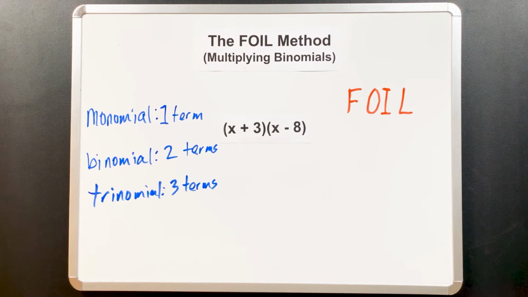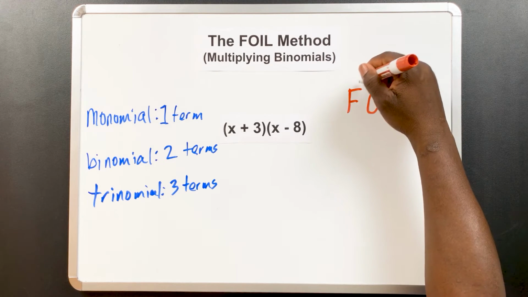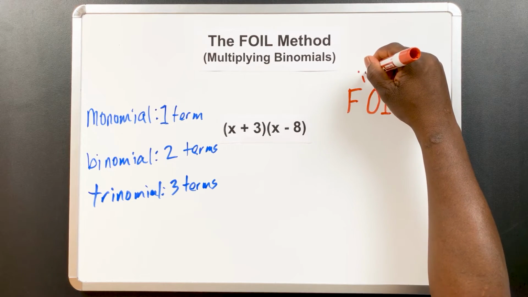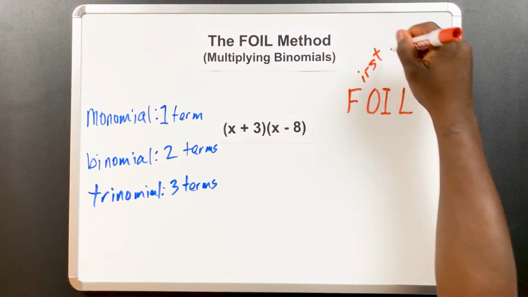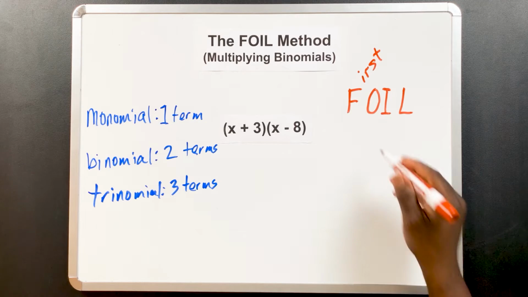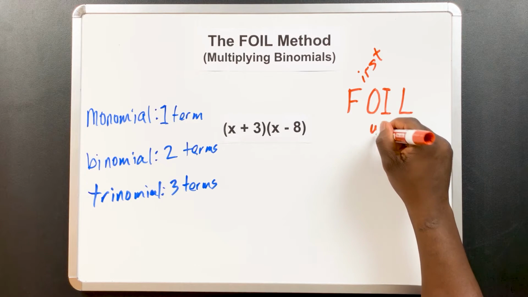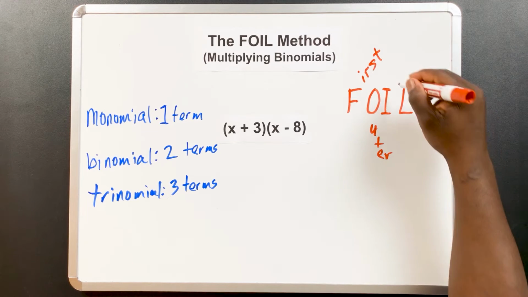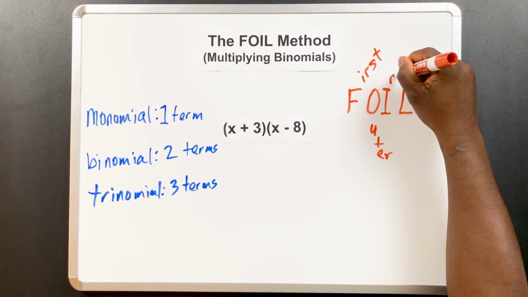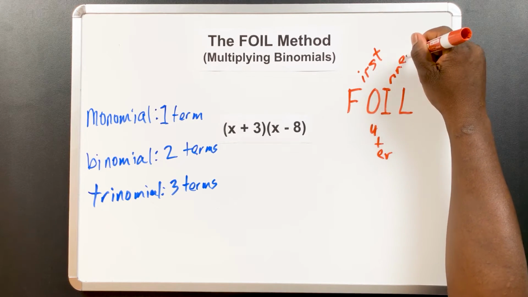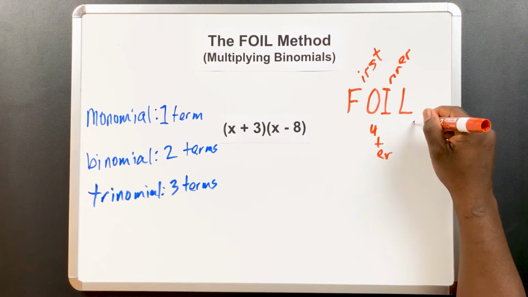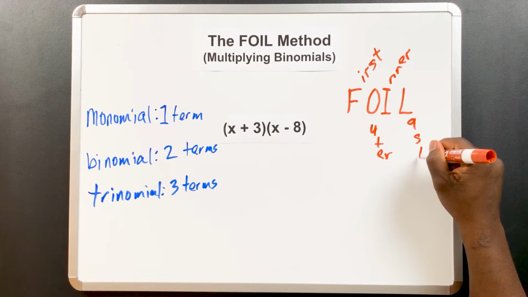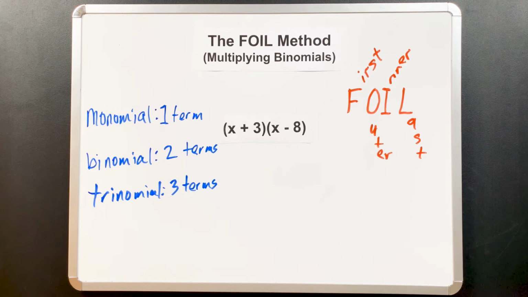So we'll first start out by saying that F stands for first, O stands for outer, I stands for inner, and L stands for last. And these are referring to the order in which we're going to multiply these terms.